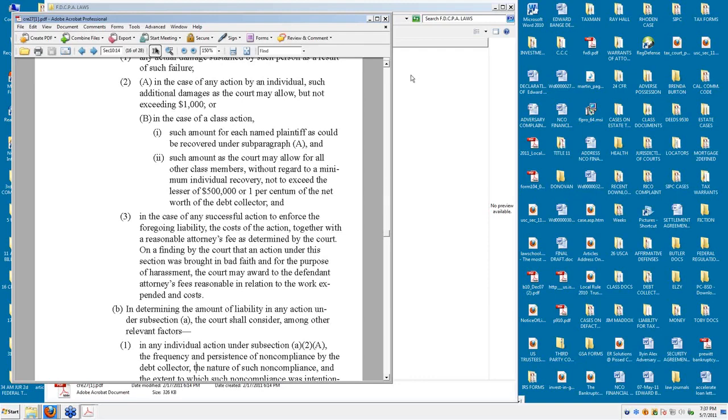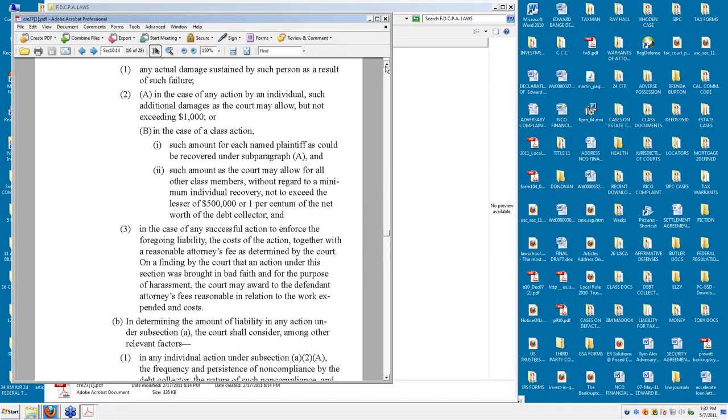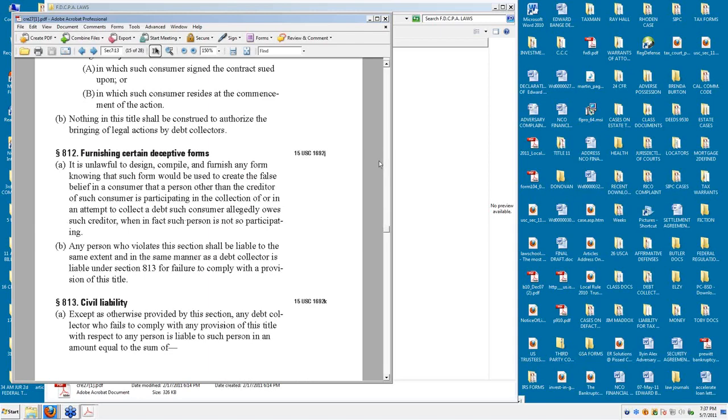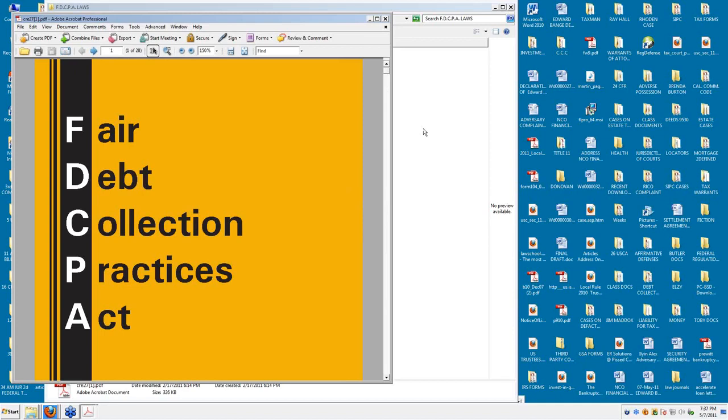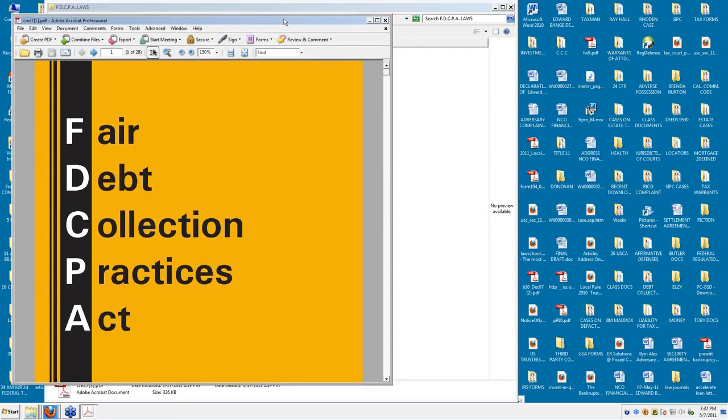What is this case? This is not a case. This is the Fair Debt Collection Practices Act. Oh, so that wasn't the one that awarded the $500,000. No, this is a California case. It's up in Northern California.